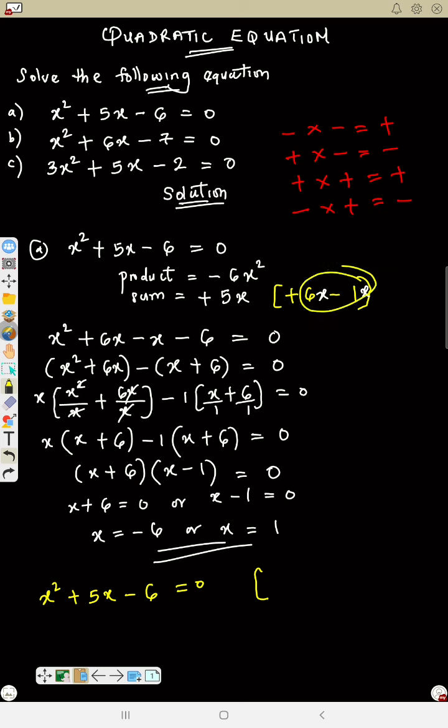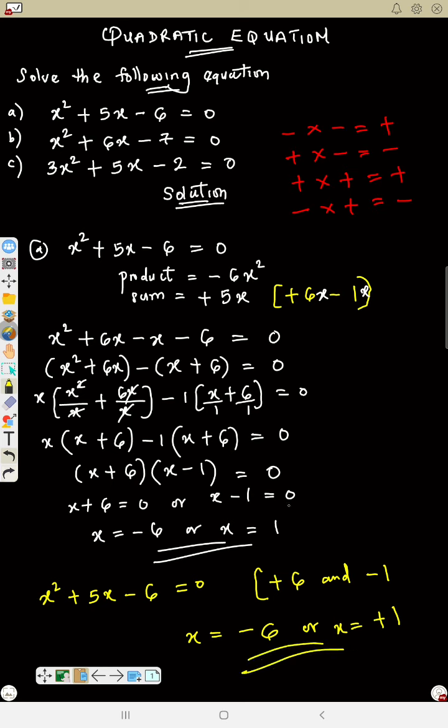Here we use plus 6 and minus 1, the two numbers we got here. Plus 6, and I told you the sign will change, so x is equal to minus 6, as in the plus sign changes to minus, or s is equal to plus 1, as in this minus sign changes to plus. So that is the answer.